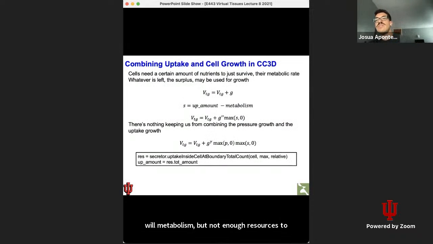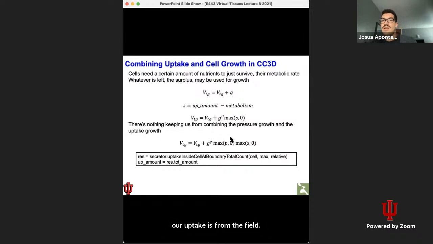And in theory, there is nothing that prevents us. Before, the way we would do this is that we would modify our growth rate as a function of whatever our uptake is from the field.